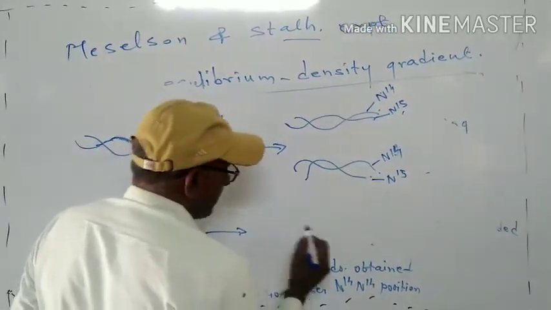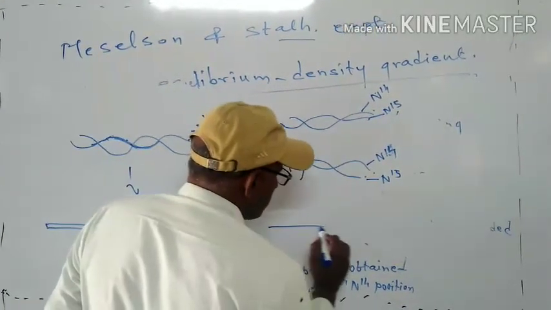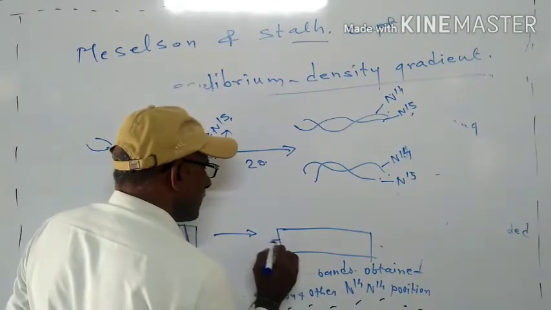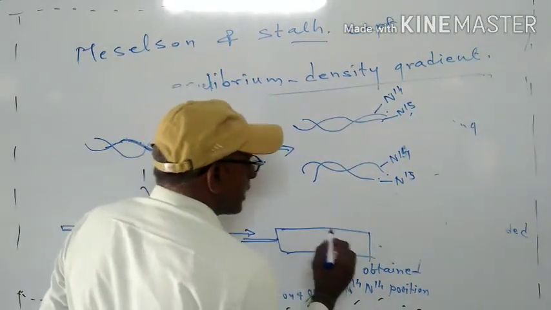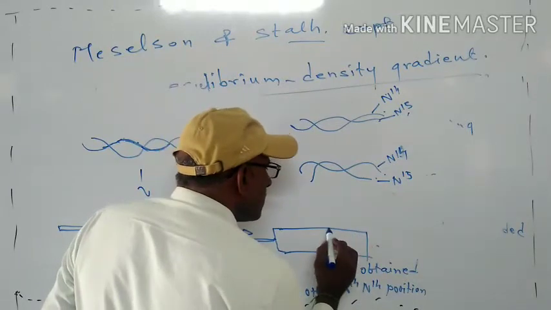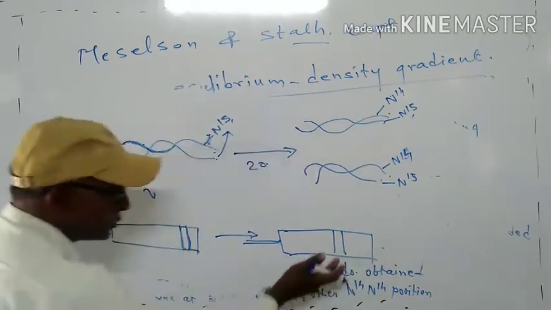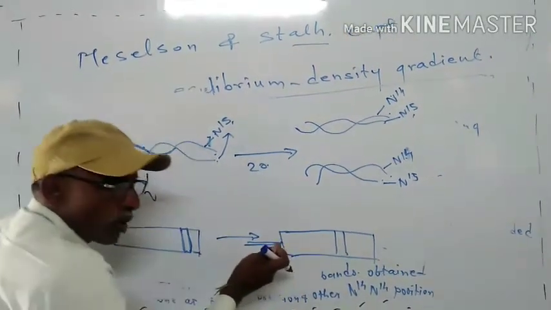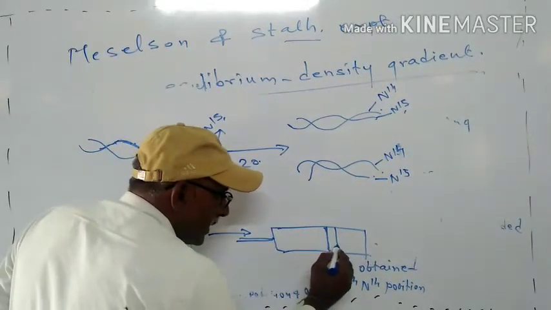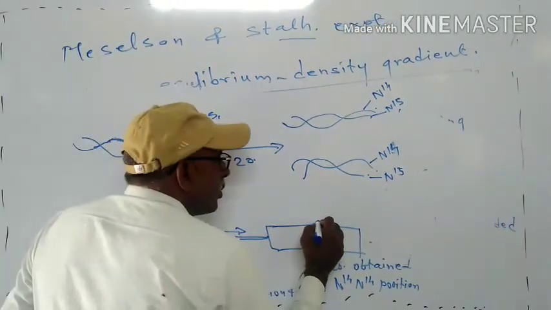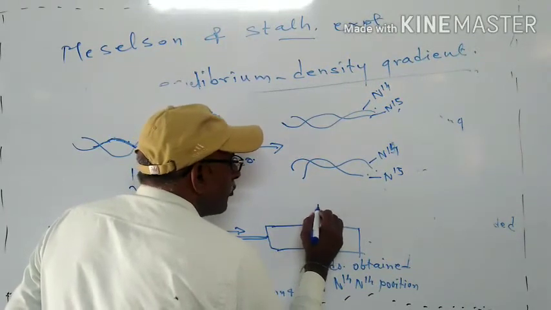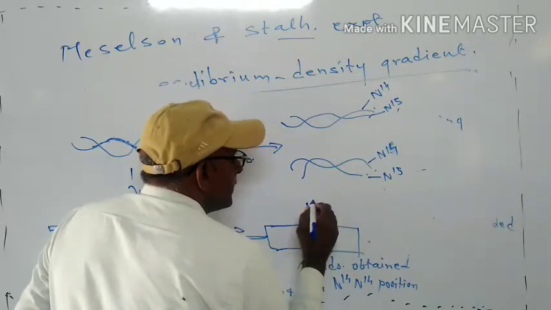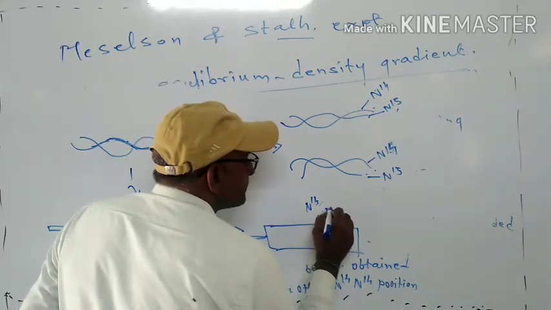Then after centrifugation of this material, a band was recorded here. It is not near the base. It is forward. So this band was obtained, and this band was of N14 and N15 nitrogen DNA.